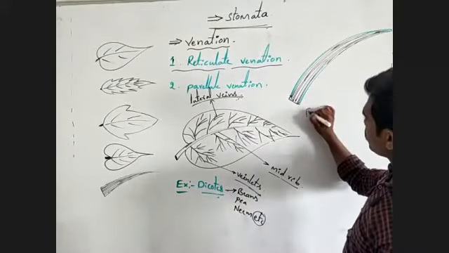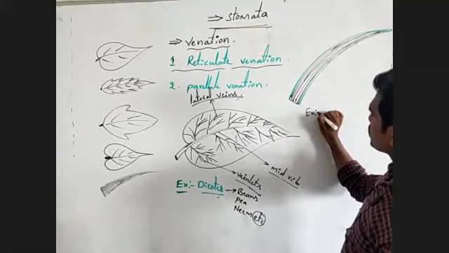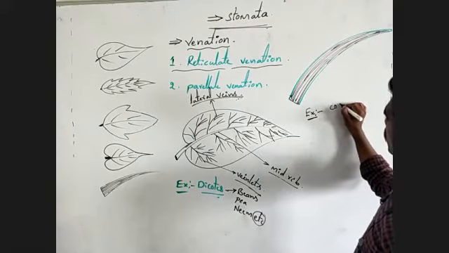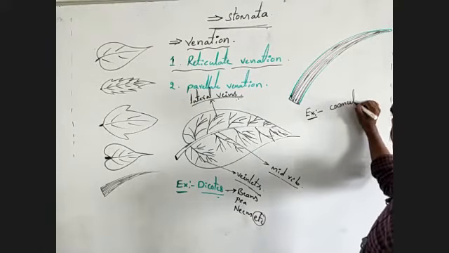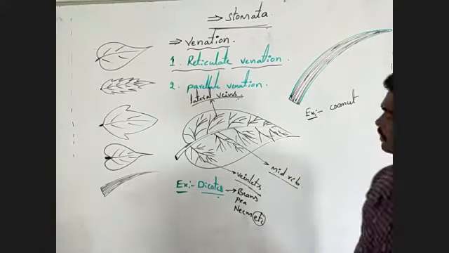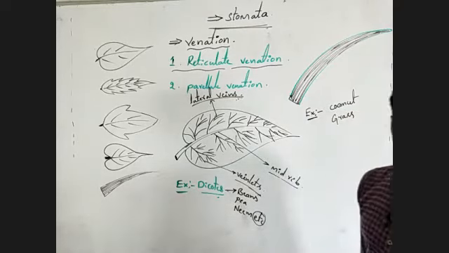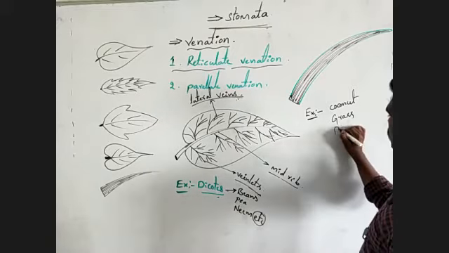What are the examples of plants having parallel venation? Coconut. Next is grass. Next is rice.